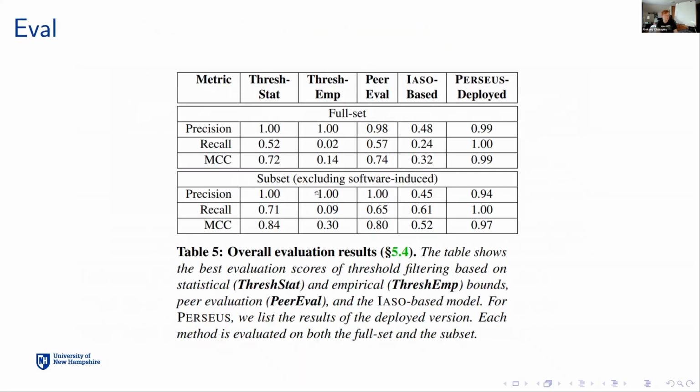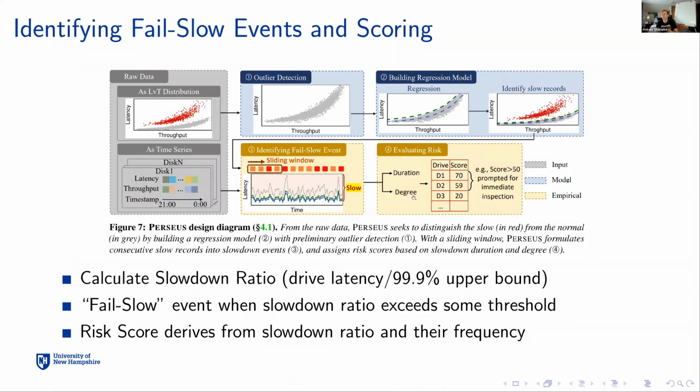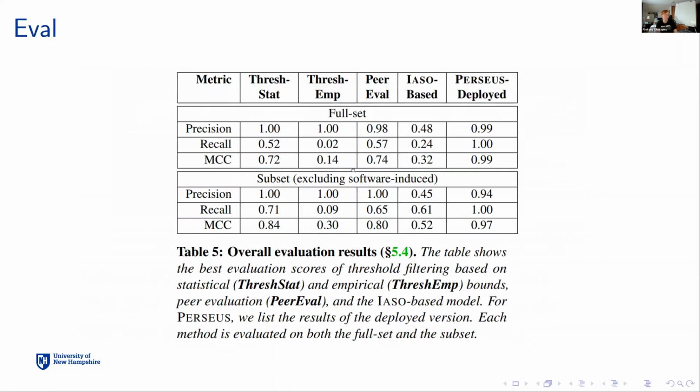They've been using this in production, and the paper has quite a lot more data on this, and it's all quite interesting. With their production data set, which they also published online, they did an evaluation that compared their previous attempts, which were not so successful, the first three columns, and this IASO-based system, another system from the literature that they re-implemented for the sake of comparison, and obviously Perseus.